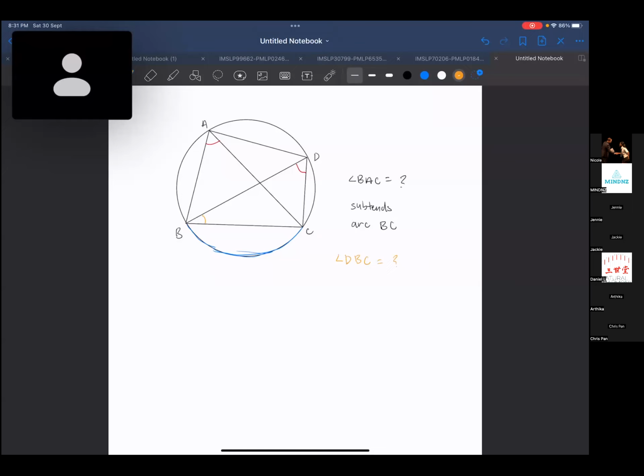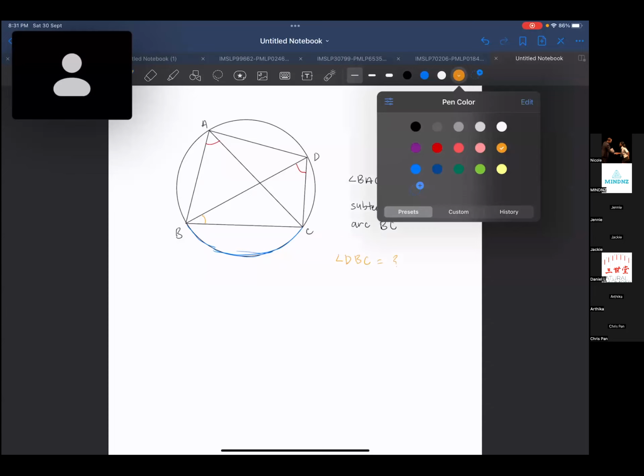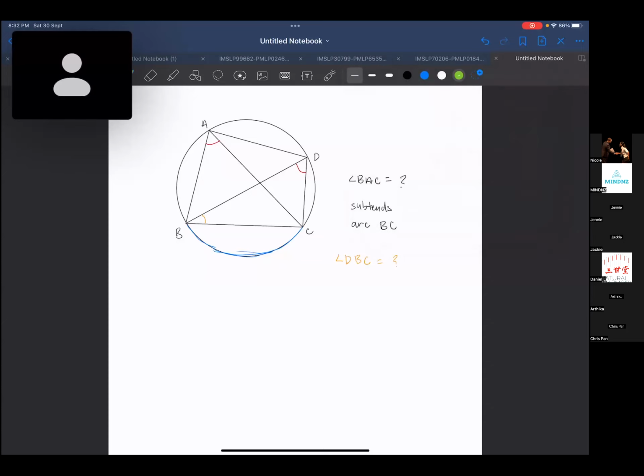Not quite. I'll just draw out which arc it's subtending. So DBC, we get this arc over here. Now we just want to find something that is also subtending that arc. Yeah, nice, nice. Really good job.